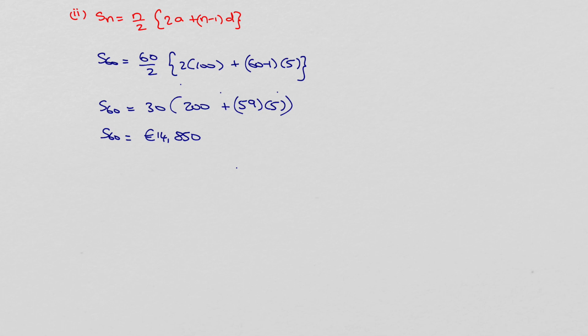So by the end of December in 2019, you would have a total savings of 14,850. So I'm going to get you to do question 7 and question 11 on page 208.